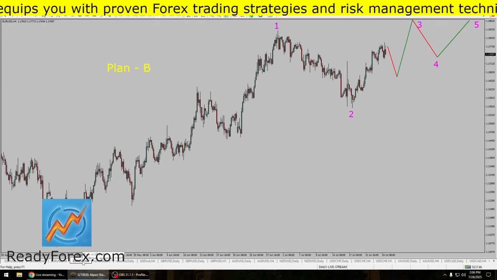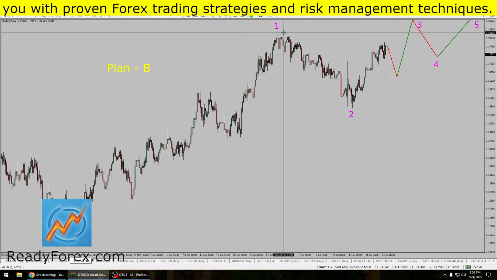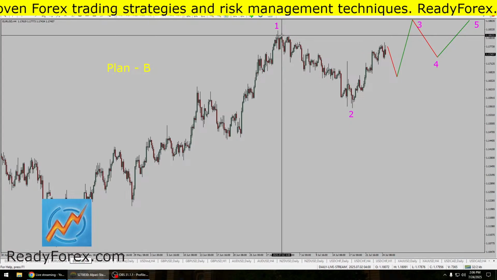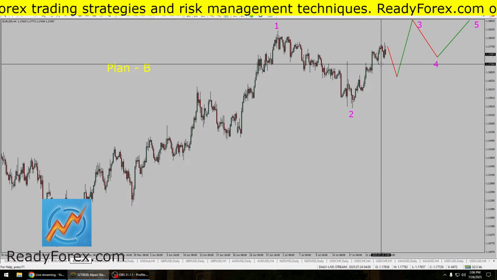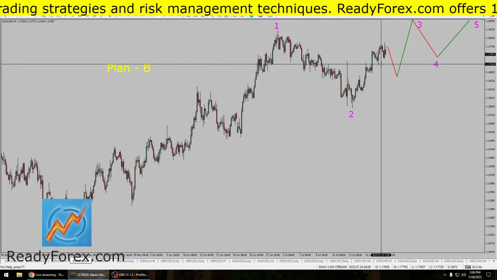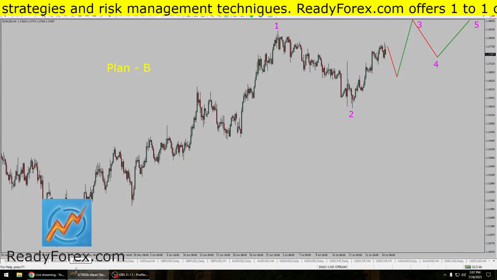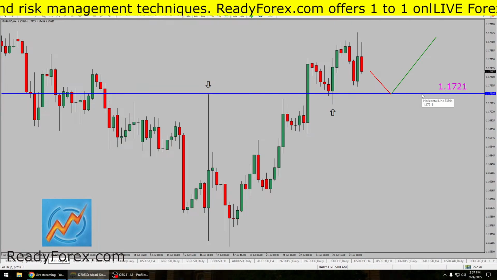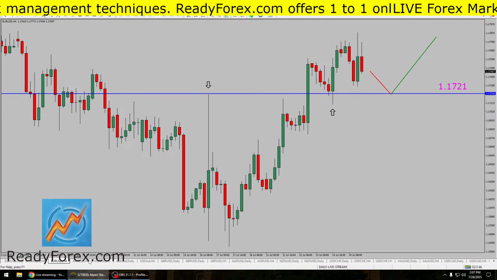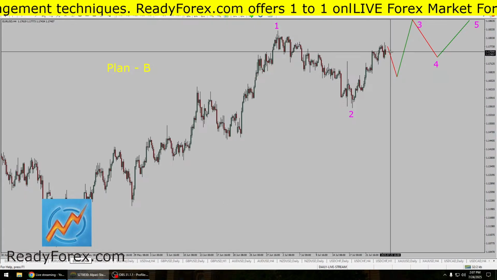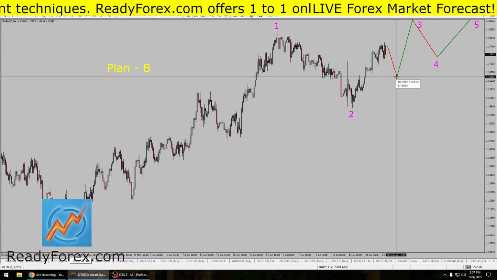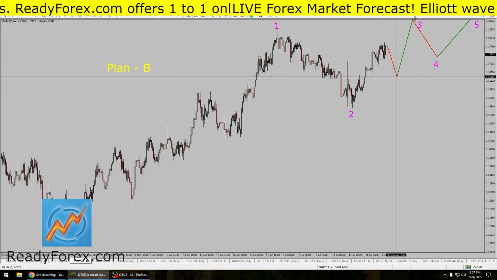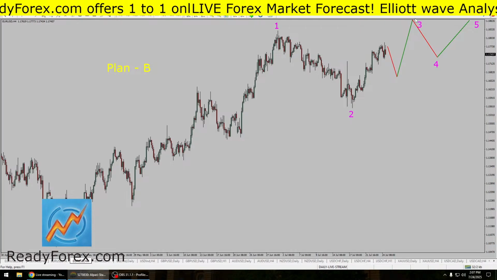Okay, next, we have this wave count over here, wave 1, the plan B. If price action drops and you do get a break below the 1.1710 level, or the level which I just mentioned over here, the 1.1721 area, then plan B is that the market is going to provide us a short-term pullback, and then from these lows, price action is going to rise up in the euro dollar currency pair.